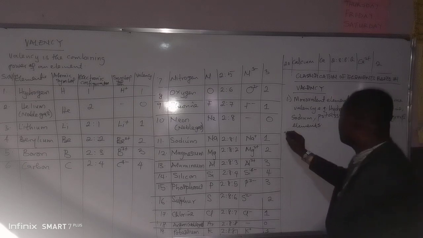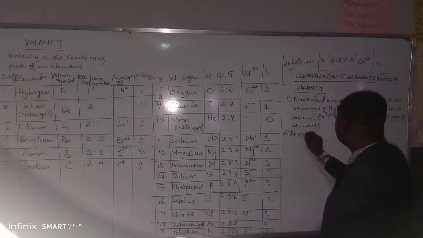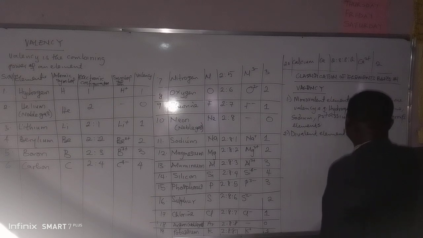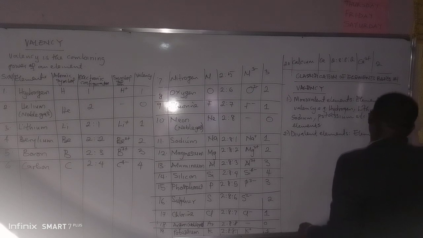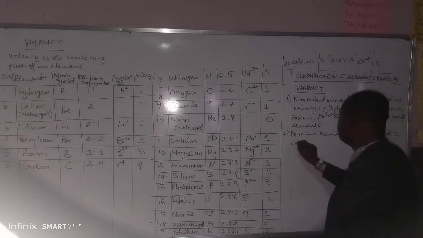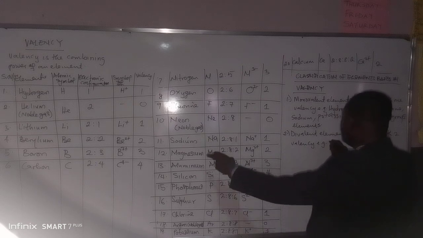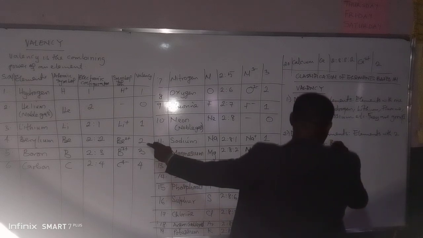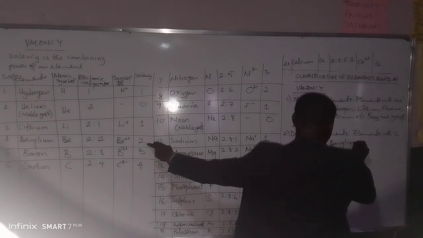Then we have another one called divalent elements. What are divalent elements? These are elements with 2 valency. So their valency is 2. Examples of that, we have seen in beryllium. We have beryllium.